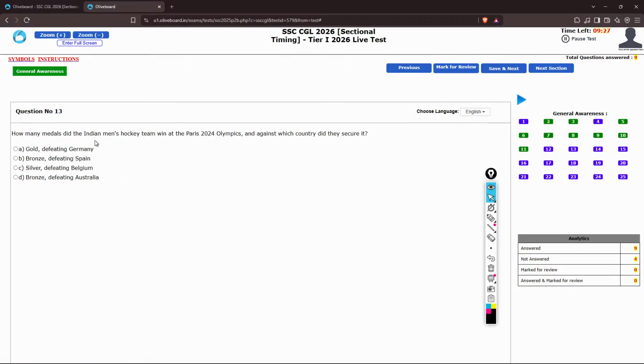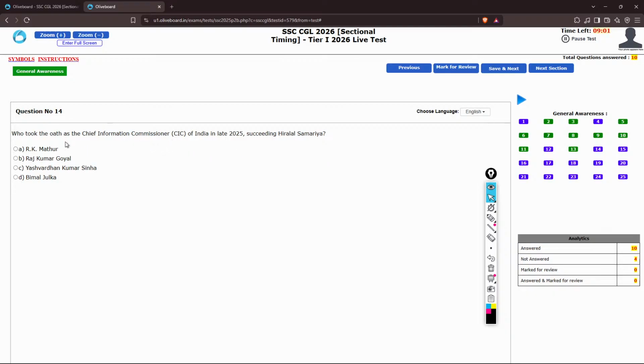How many medals did the Indian hockey team win? I think bronze. So either Spain or Australia. I mean, Australia is one of the top contenders for gold or silver. So I guess Spain. I had watched that match, but I'm not sure about the opponent.